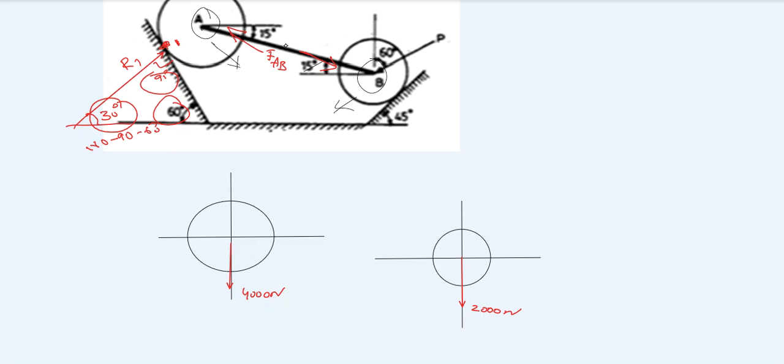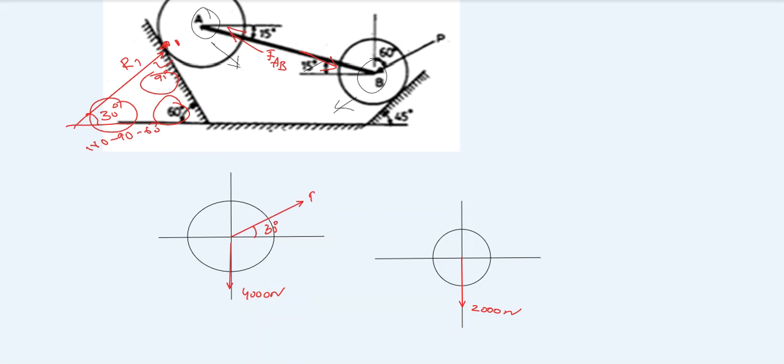Let us draw R1 in this 4000 newton diagram at an angle of 30 degrees with the horizontal. So we have 30 degrees with the horizontal.